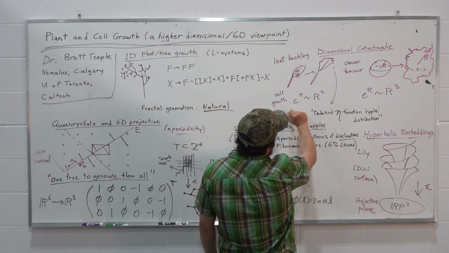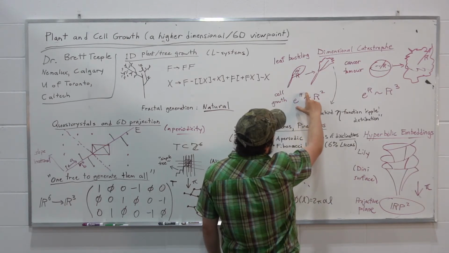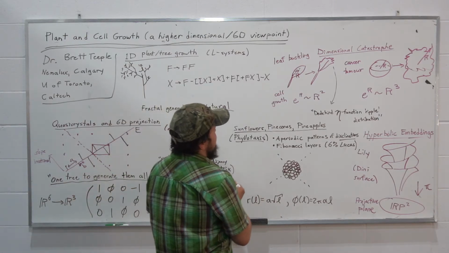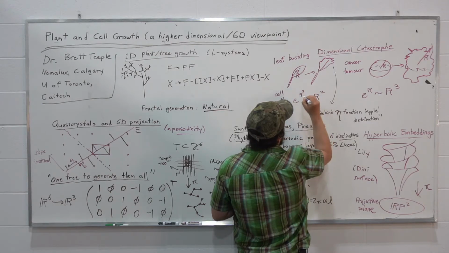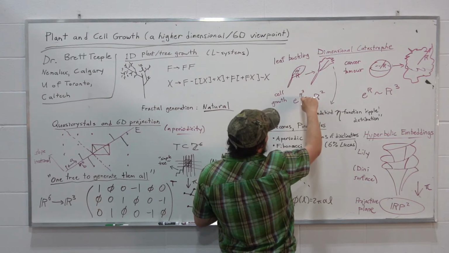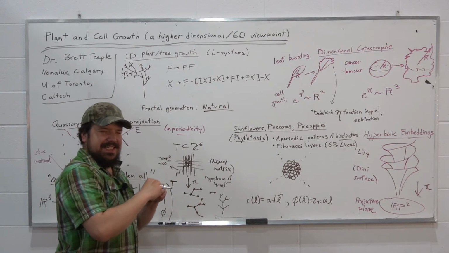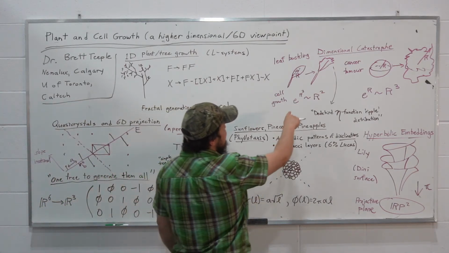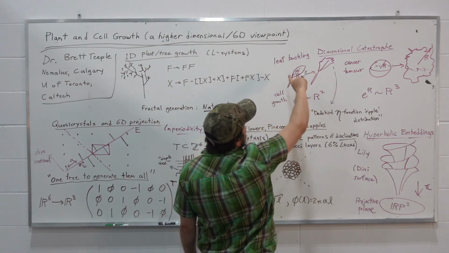I should actually say it's going to be not e to the r, but e to the volume of the cell, in this case, or the plant. So it'll be e to the r squared, and because each cell will divide, it would be e to the r if you just say that, well, the cells mostly divide at the border.